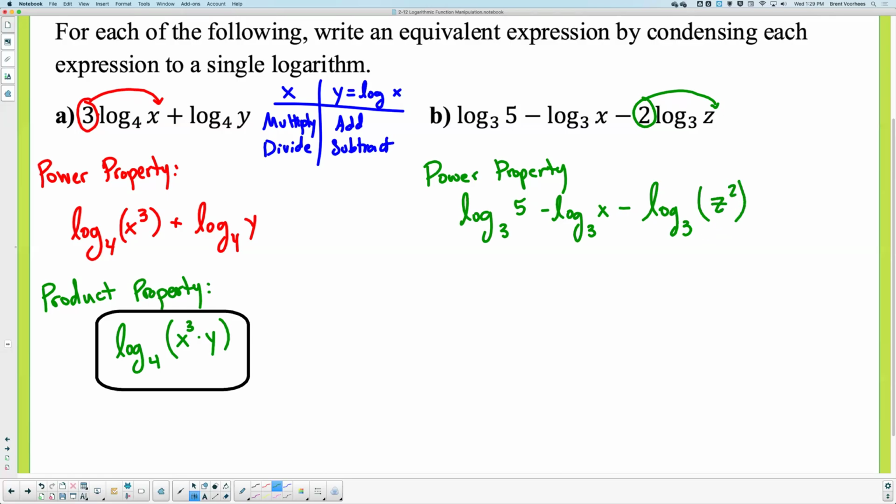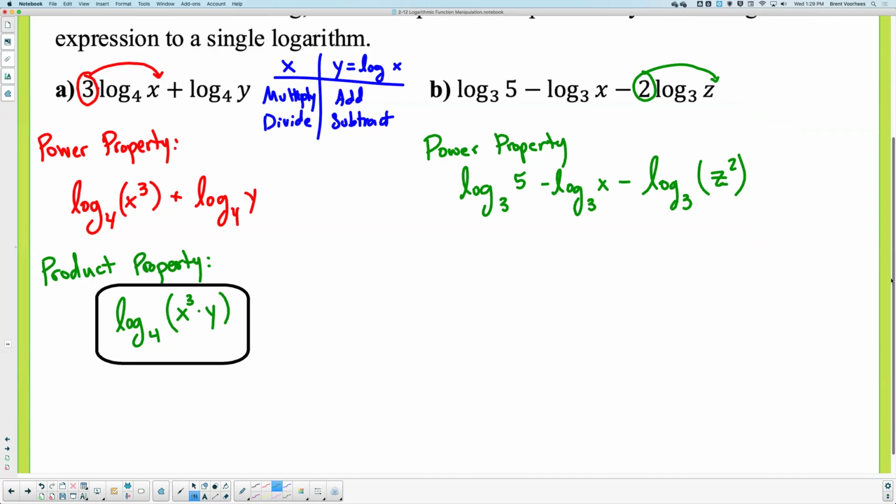Z squared. I put a line on my z's just because my z will look just like a 2. Now, as you look through there, do I have 3 clean logarithms?